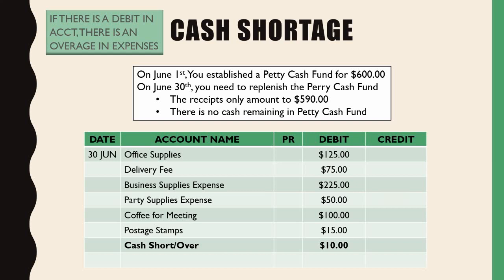Maybe somebody didn't return with their receipt and kept the change. A lot of things can happen. Once you figure that number out, you replenish the petty cash drawer again from the checking account with the full $600. Once again, your petty cash drawer, whatever you establish it at, must hold that balance at all times.